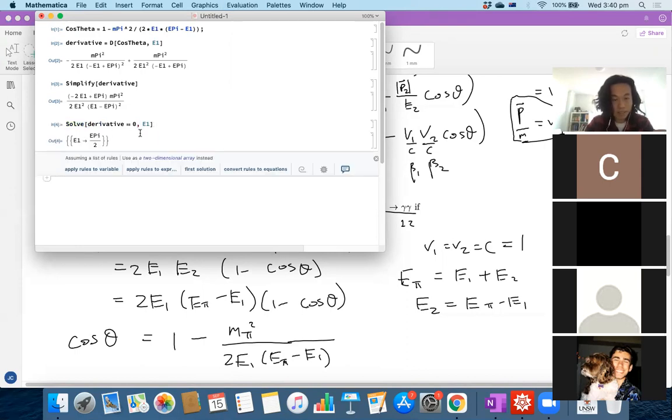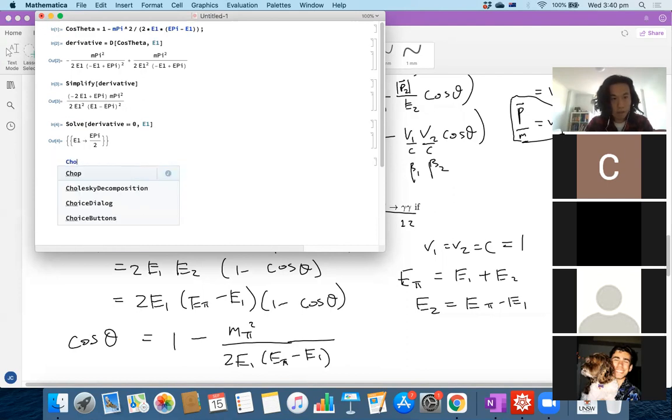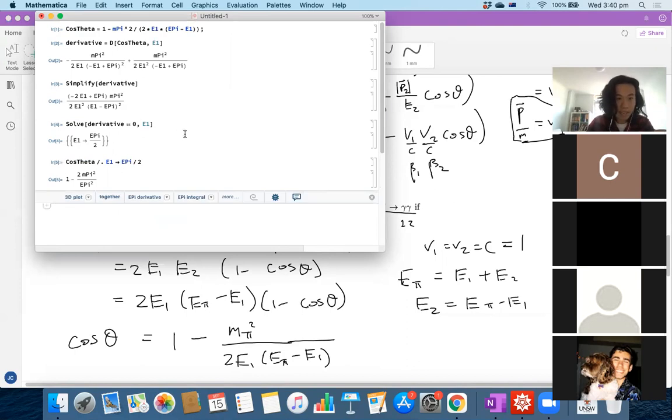It tells me the maximum angle happens when E1 is equal to the energy of the pion divided by 2. So then now I sub into cos theta E1 equal to E pi divided by 2, and I just want to evaluate this.